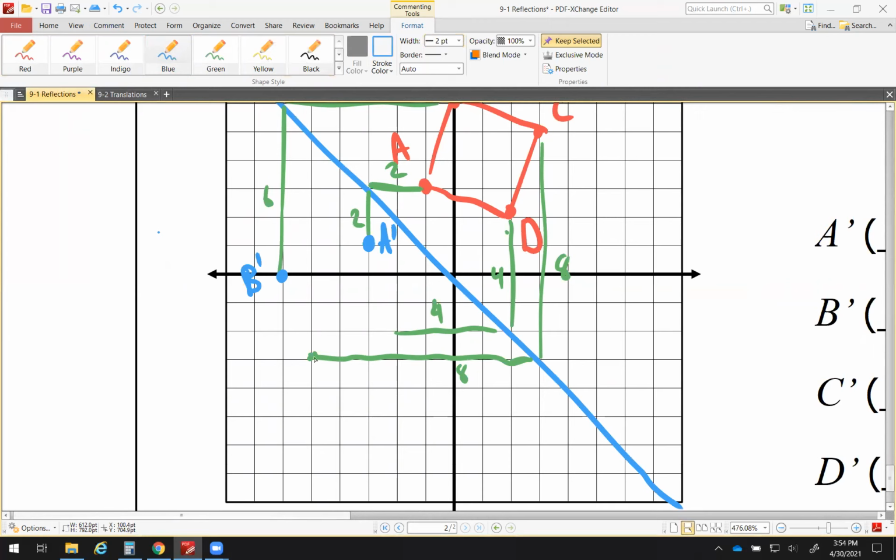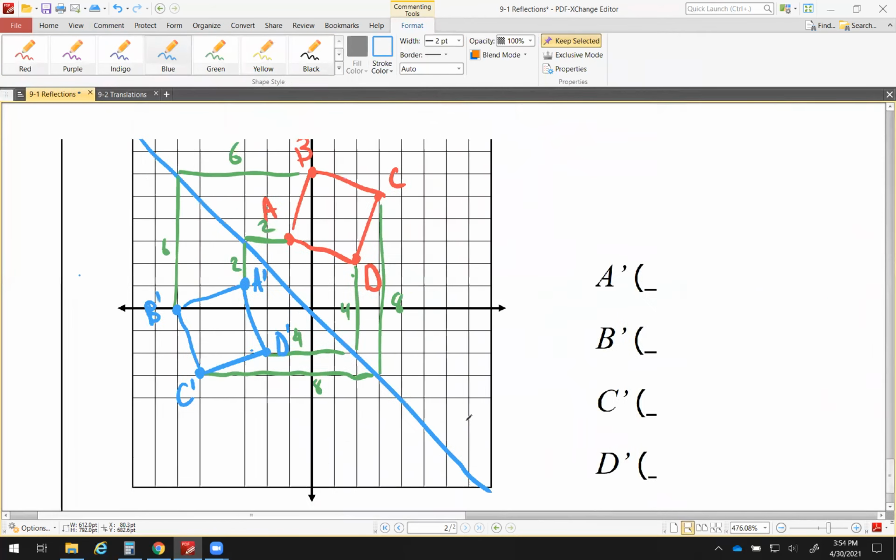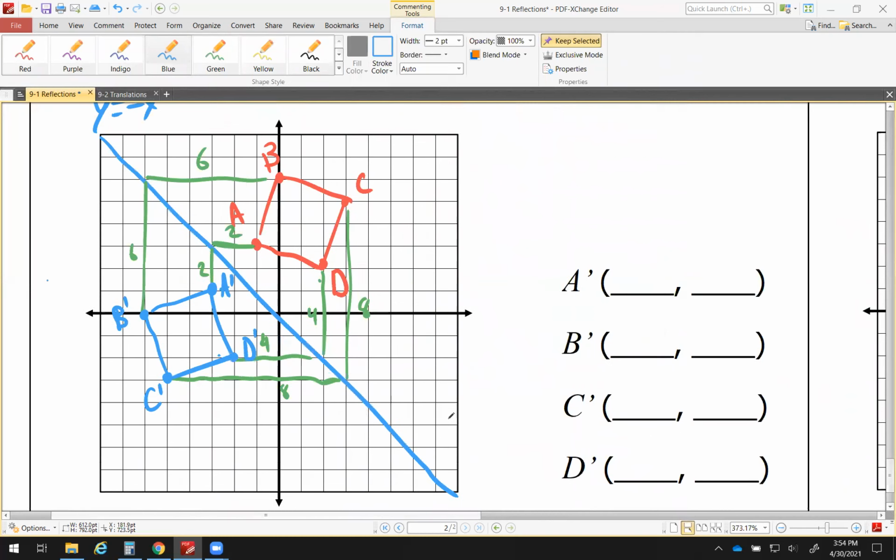This one right here is C prime, and this one right here is D prime. And then if I connect my dots as well as I can, if you tilt your head a little bit to the left, you can kind of tell that that is the square that has been reflected exactly over that line.